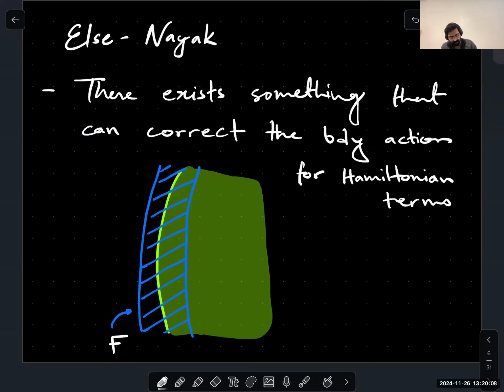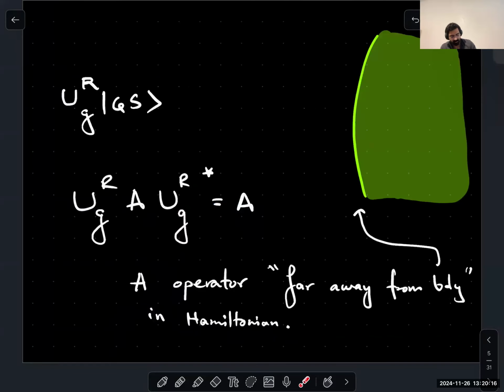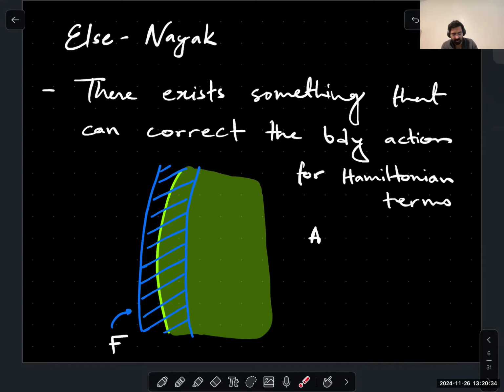So let's say A was in the strip. A is some operator that's supported over here. Note that we assume that if A was here or here, then it's not going to feel the cut action. But if it was here, then it would definitely feel something, because it can see that there's some symmetry acting over here, but nothing on the other side of A. So it would be changed. It would not be invariant under the symmetry.